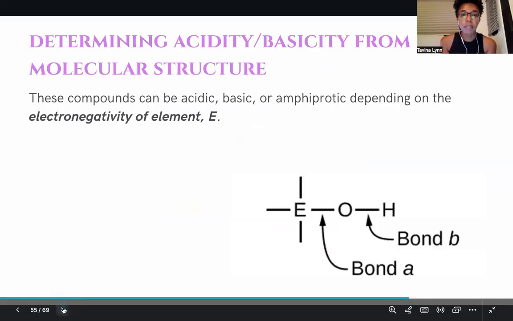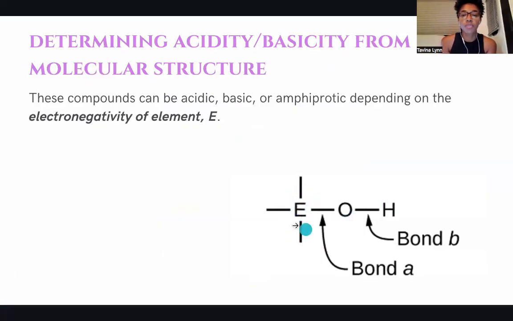Now, if we look at the molecular structure, essentially the atom, so we have here a general structure of an element. If it basically has this form, we have some element that is bonded to a hydroxyl group, this oxygen and hydrogen, and then some other groups here.